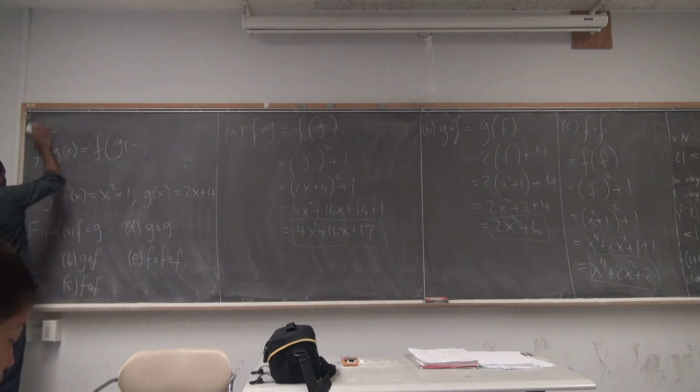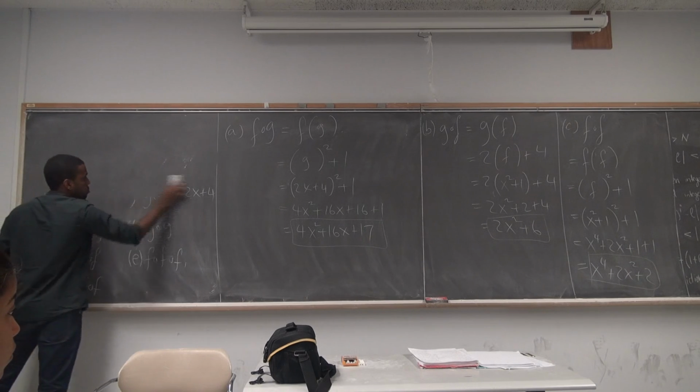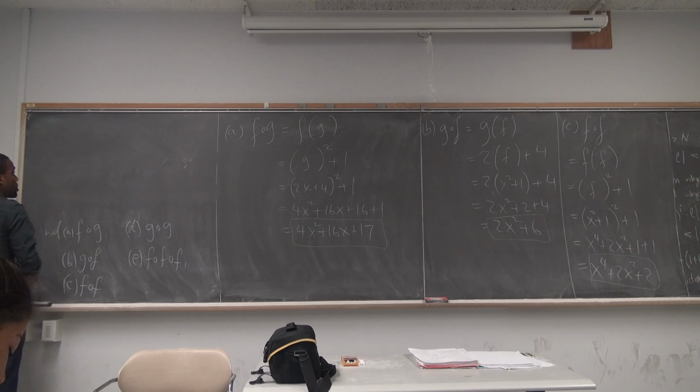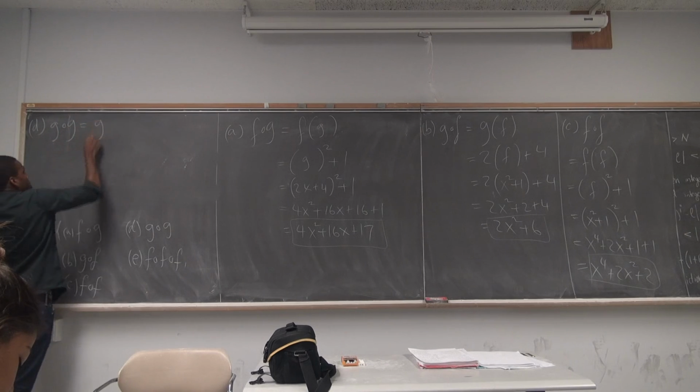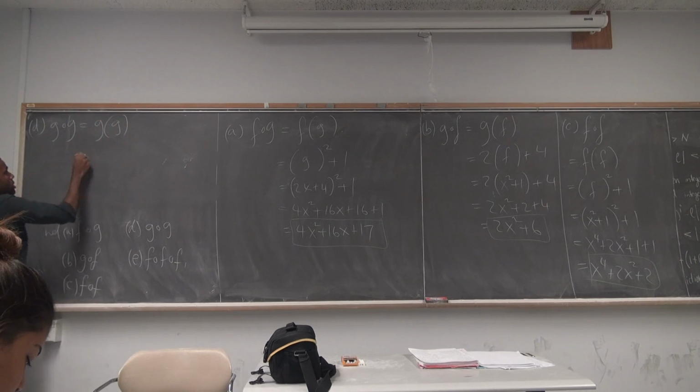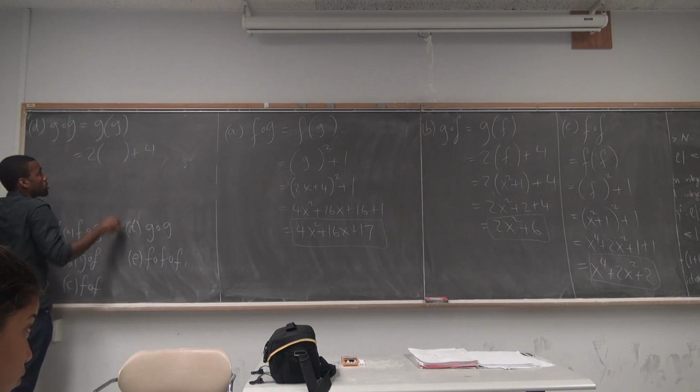G of g, you plug g into g. G says we took 2 times the input and then we added 4.